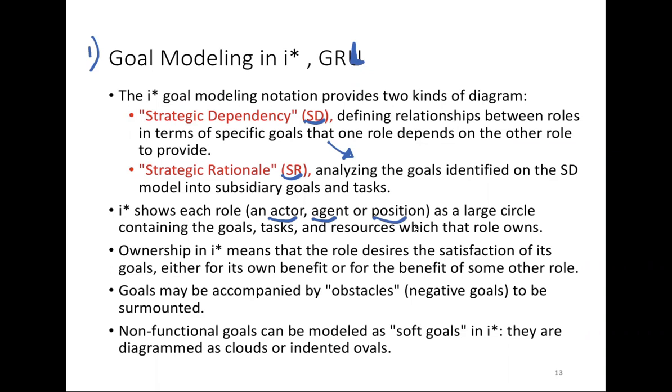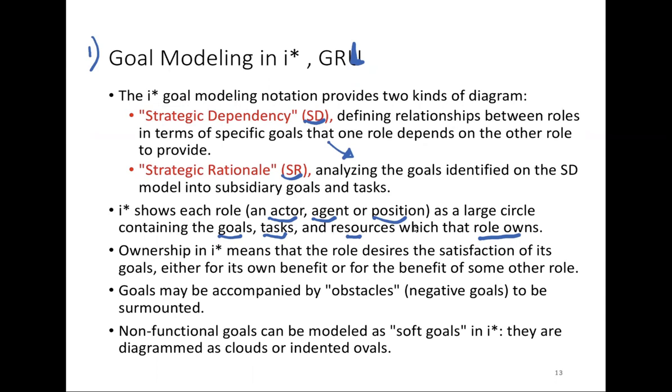Inside it, we see goals, tasks, and resources which that role owns. Ownership in I-star means that the role desires the satisfaction of its goals, either for its own benefit or for the benefit of some other roles or actors.